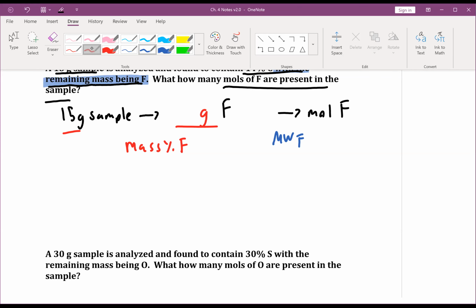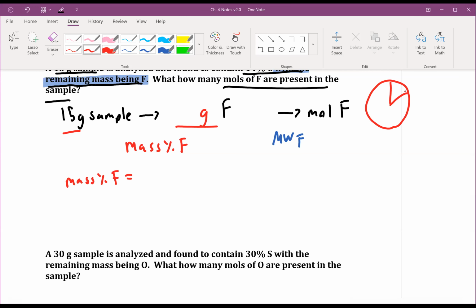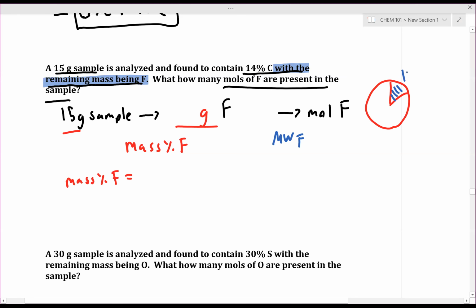And let's start with the most interesting aspect: the mass percentage of fluorine. If we make a pie chart here, we know that a really small percentage, roughly 14%, is going to be carbon.